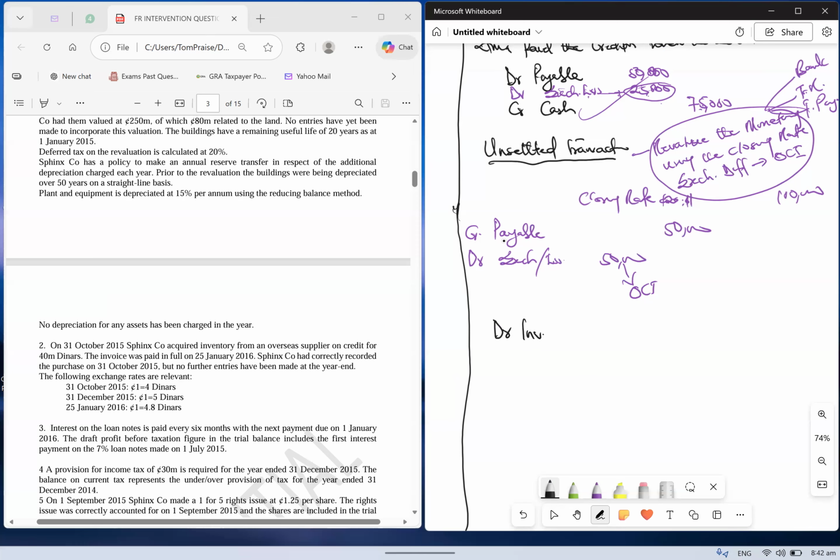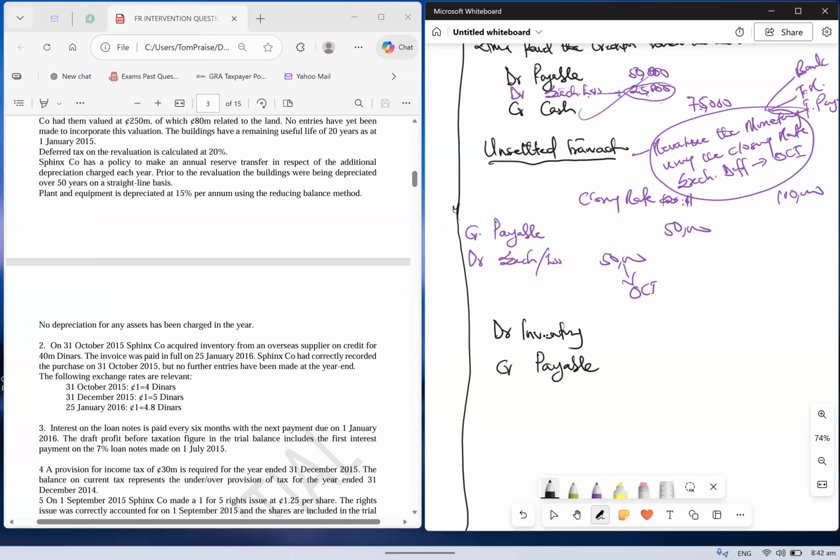So convert it. They did it in October, so use the October rate, the spot rate, don't forget. Use the October rate and convert the 40. So you will debit your inventory, which means that we need to add this figure to our inventory when we are doing our balance sheet. And we will credit the overseas supplier. That is a payable.